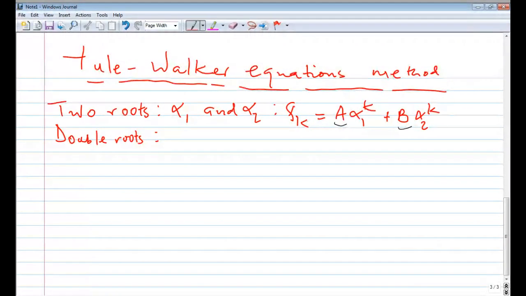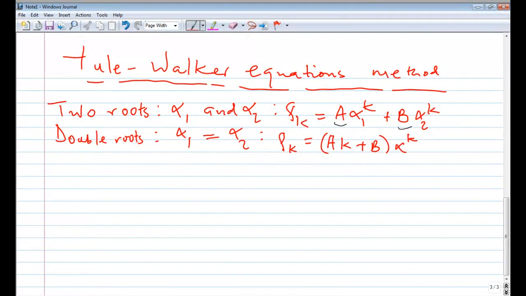So for double roots, same roots or same factors, in other words alpha 1 is equal to alpha 2, the equation that you can use is rho k equal to (a times k plus b), close brackets, alpha to the power k.